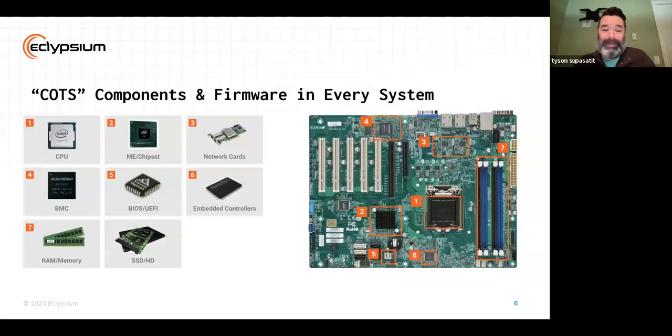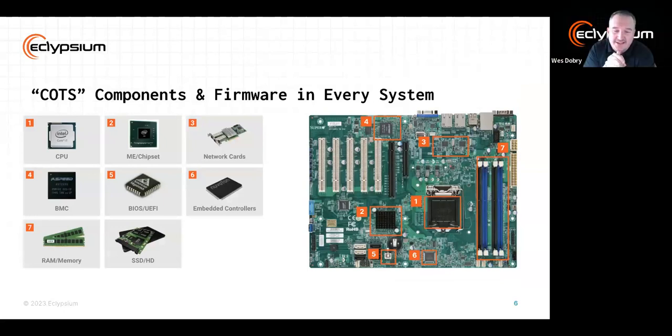incredibly complex. Exactly. So, if we think of a simple system, we have an example here of a server motherboard. When we think about the individual components on this, we're all aware of things like your CPU, your BIOS that runs the device, your BMCs or baseboard management controllers, your NICs, and similar devices.